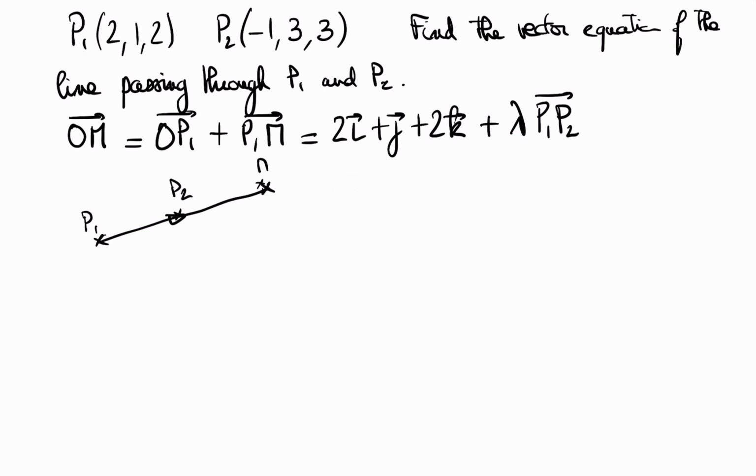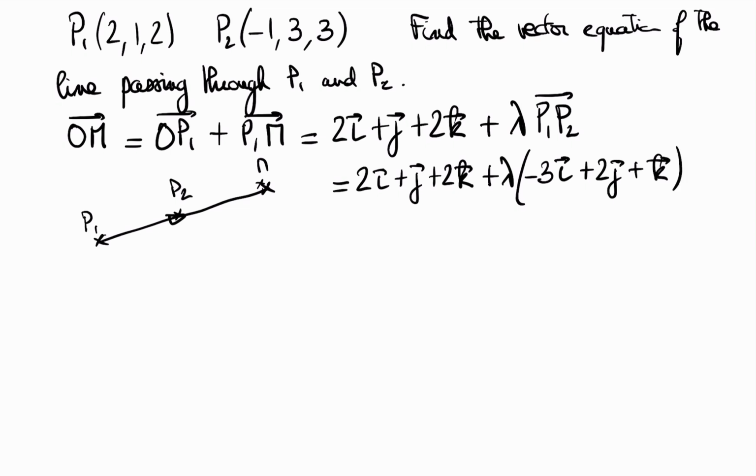And so it's equal to 2i plus j plus 2k plus lambda times P1P2, which is -3i, 3 minus 1 that's plus 2j, and then 3 minus 2, plus k.